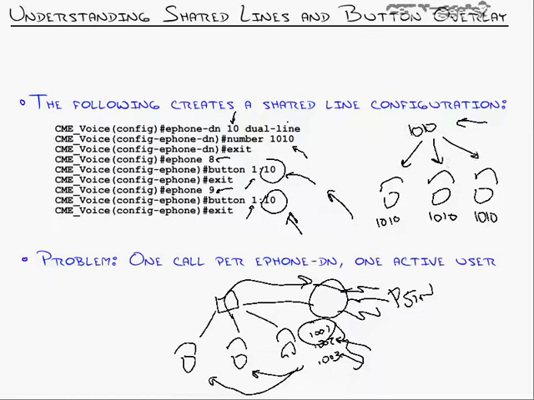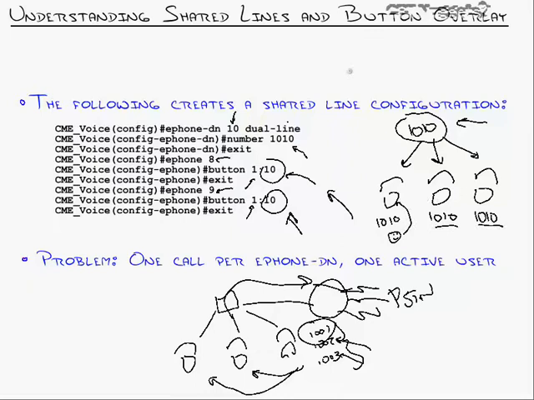Now, this configuration right here would accomplish the first thing I said. When somebody needed help and they dialed 1010, all 3 of those phones would ring. Great. But the person who answers that phone, let's say it's this user right here, this help desk employee, they answer the call. Immediately, these 2 guys see the line is busy, meaning they're not going to get a call.